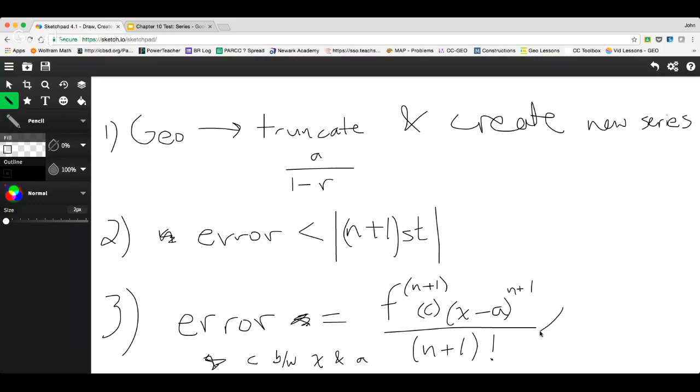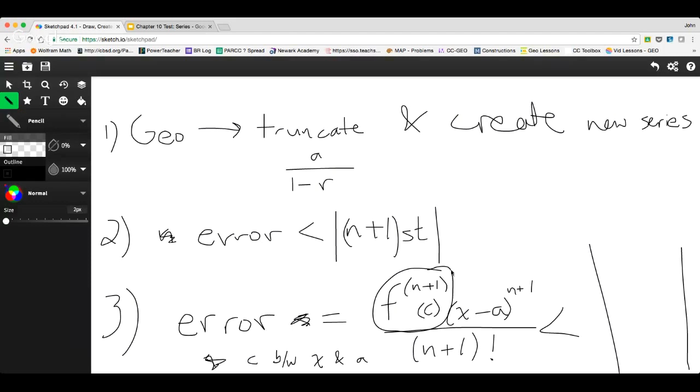So the idea is that this will be less than some quantity that you find by plugging in a value here for C and bounding this whole thing. You have to find an expression which is like this expression, but for this term we're going to pick a number that we know will maximize this term.